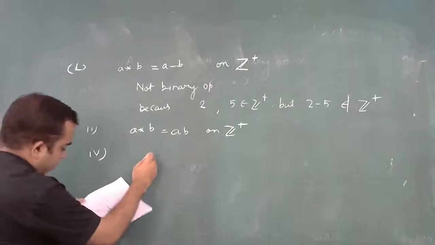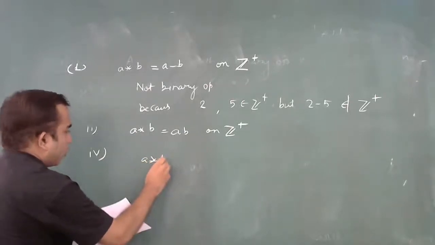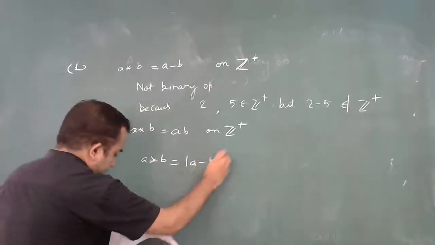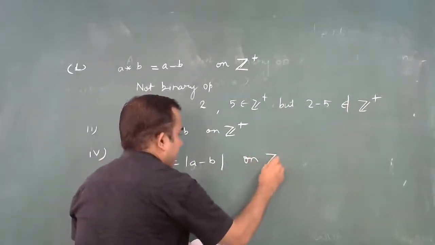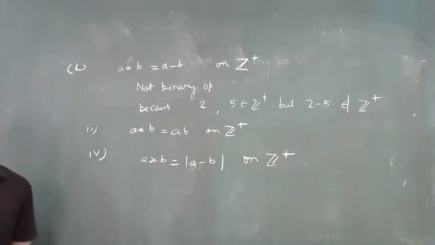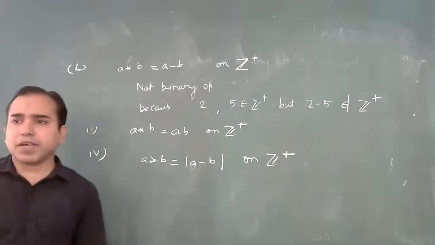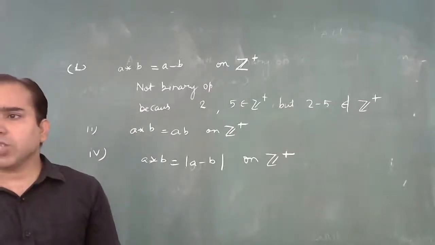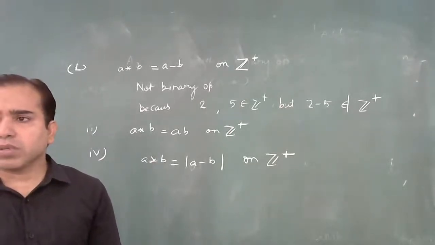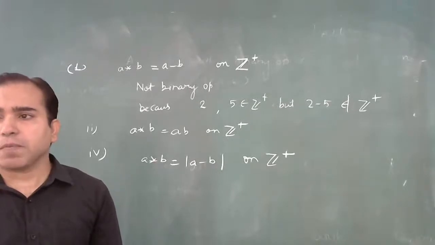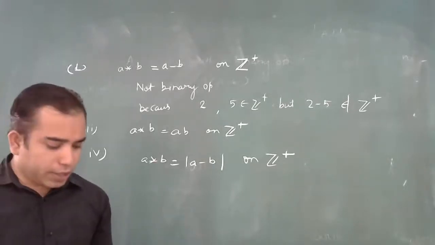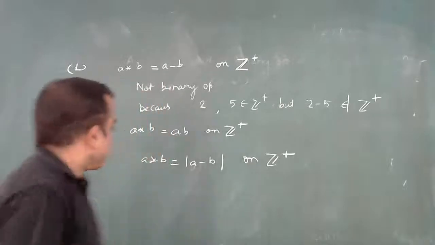Fourth part, let us see. The fourth part is A star B is equal to modulus of A minus B, and this is also on Z plus. What do you say about the fourth part? Binary? Yes, it is binary, right?